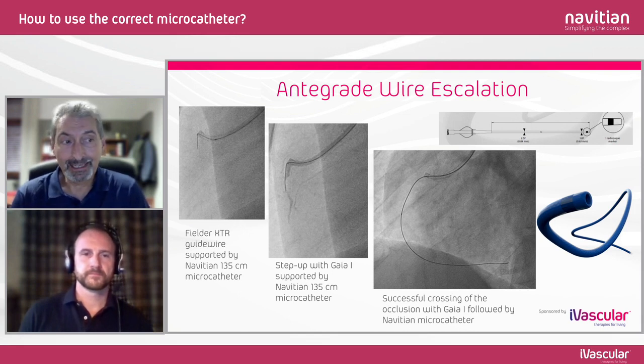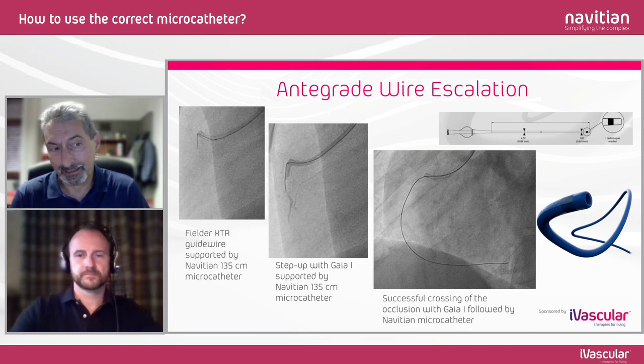In fact, it didn't, and it proved helpful to have a microcatheter that could go exactly at the site of the occlusion and then restart with the Gaia type with the lowest strength, which is the first, with appropriate support. This wire could be steered through this occluded segment, reach the distal end of the occlusion, and at this point, once I had my wire in the third segment of the right coronary artery, I could advance the microcatheter.